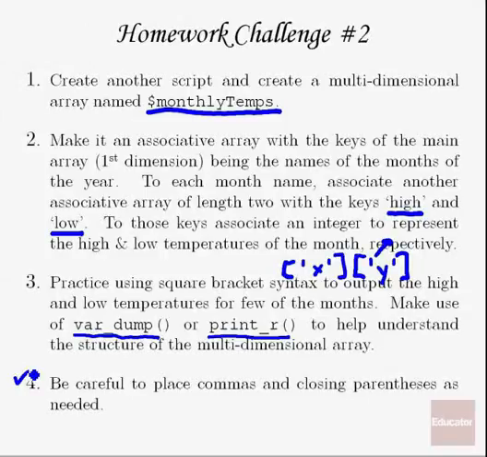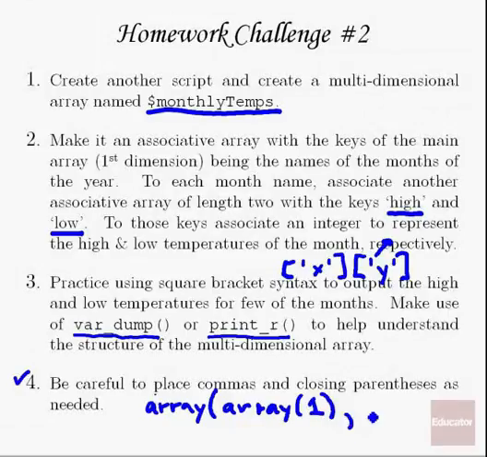So in a multi-dimensional array, let's say we just have an indexed array with an array and an integer in it. Here we have a multi-dimensional array. I'm going to set it to some value over here. We have the first array, and it has its opening and closing parentheses.